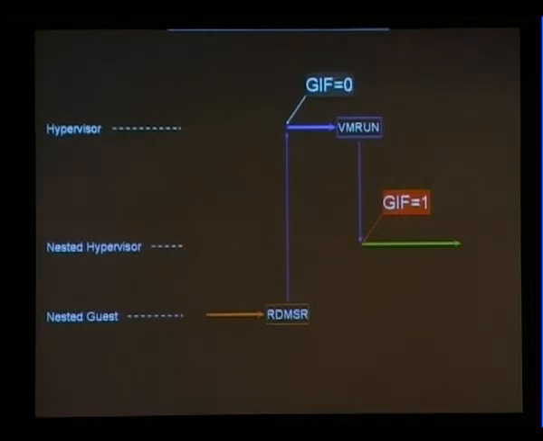There are two instructions to modify the value of this flag: STGI and CLGI. So setting global interrupt flag and clear global interrupt flag. But there is no field in the VM control block to set or clear this flag, because it is global for all the virtual machines.